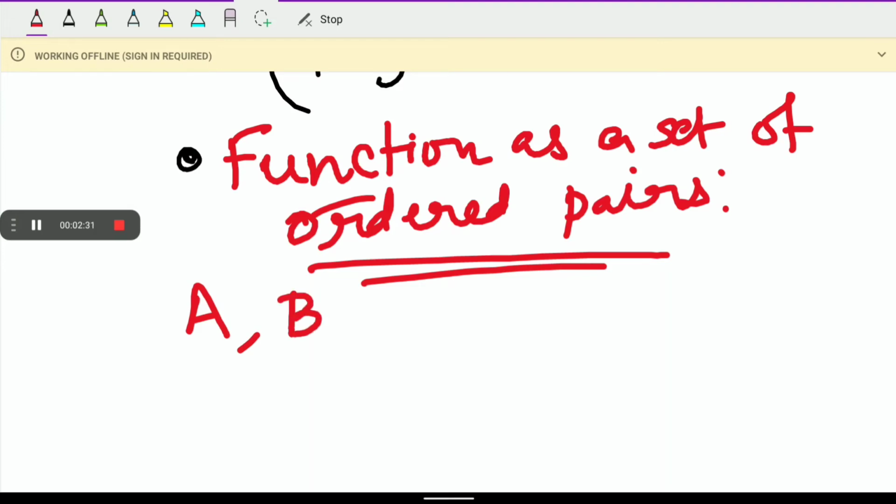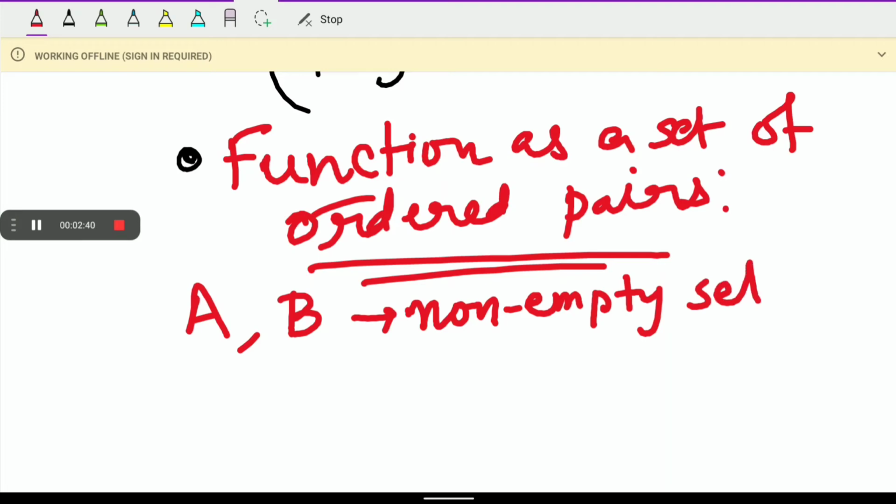So let A and B be two non-empty sets. What is a non-empty set? If there is no element in that set, it's an empty set, but if at least one element is present, that is called a non-empty set.